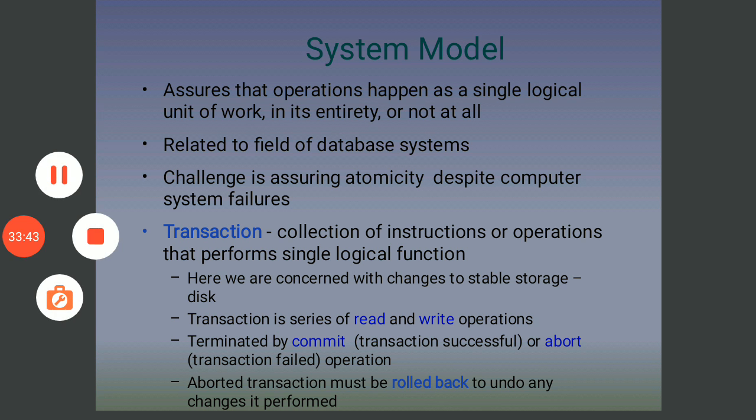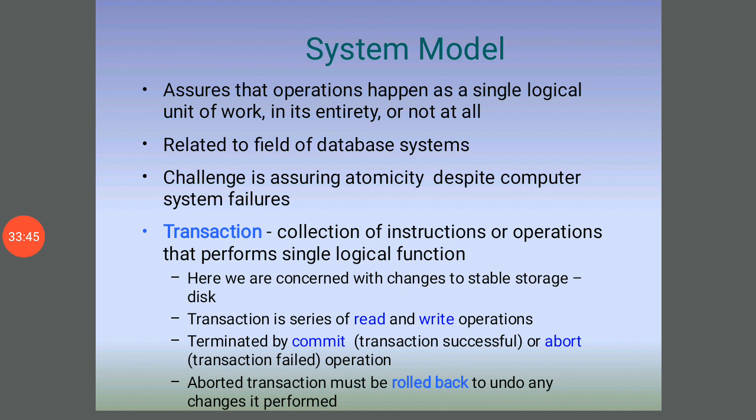The system model assumes that the operations happen as a single logical unit of work, which is executed entirely or not at all. In the field of database systems, the challenge is assuring atomicity despite computer system failures.